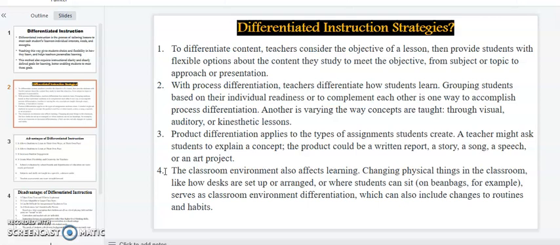Changing physical things in the classroom, like how desks are set up or arranged, or where students can sit, or bean bags, for example, serves classroom environment differentiation, which can also include changes to routines and habits.